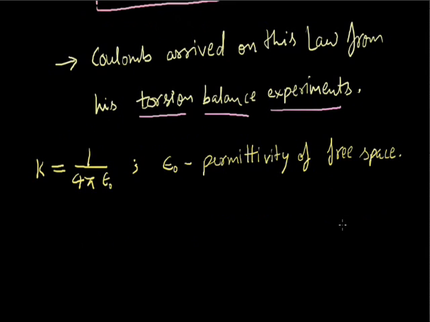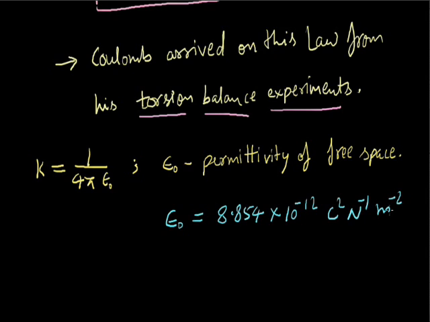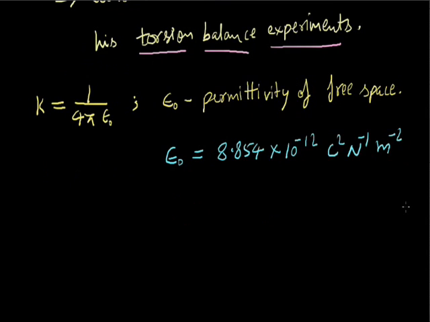The value of epsilon naught is 8.854 into 10 raised to the power minus 12 Coulomb square Newton inverse meter square inverse, and the value of K will be 9 into 10 raised to the power 9 in SI units.